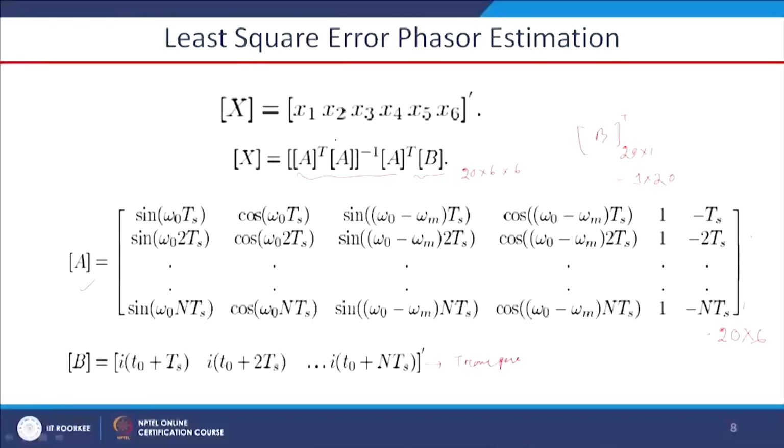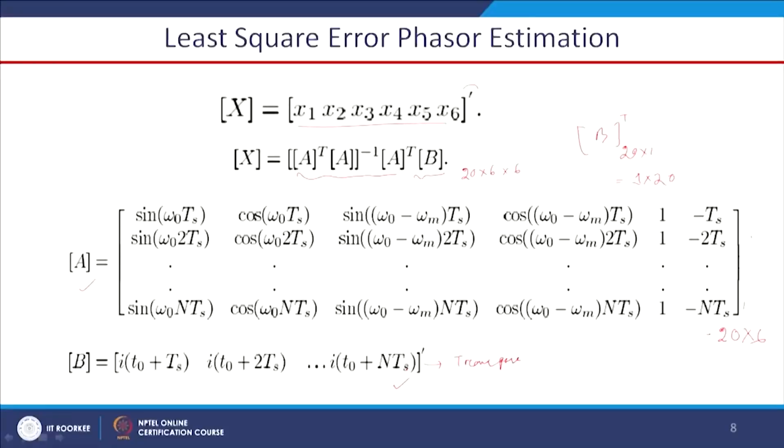Now, finally, we have this X matrix. If you see here, we have 6 variables, and if you do not take the transpose, it is just like a column matrix, where we have 6 rows and 1 column. If we take the transpose, it will be just opposite.